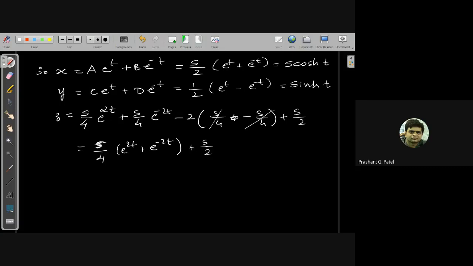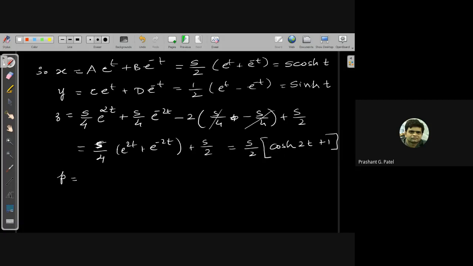You just see that S by 2 is common out, and what is left inside is cos hyperbolic of 2t plus 1. This is the value of z.